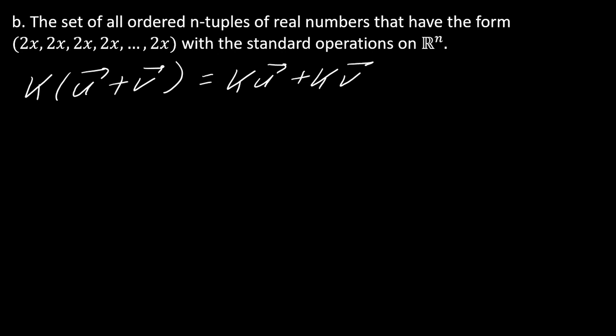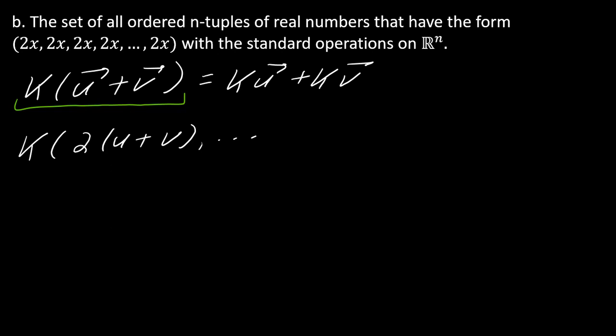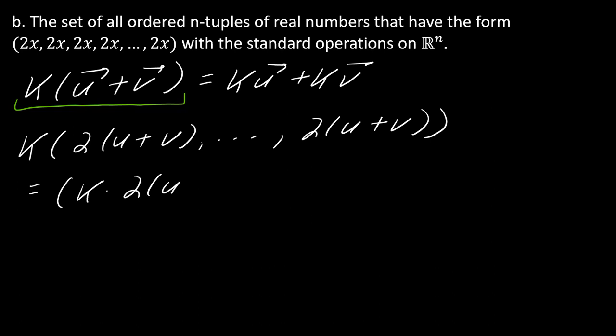So okay, let's start on one side. If I start on this side, what is this going to look like? I'm going to have k times this 2u plus v all the way down. And then if I distribute the k in, this really ends up equaling k times 2 times u plus v, and so on and so forth.